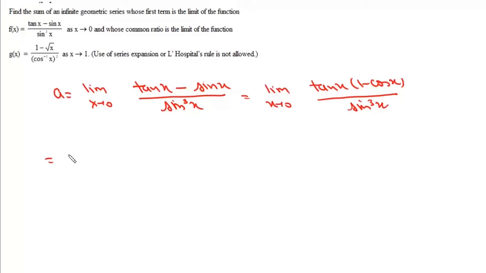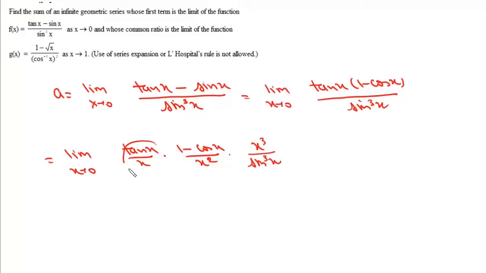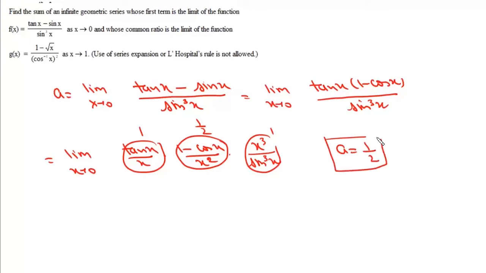Now if we multiply and divide it with x cube, we can write this as limit x tends to 0, tan x upon x, 1 minus cos x upon x square, and then x cube upon sin cube x. Now this is 1, this is 1 by 2, and this is 1. That means the first term of this geometric series is 1 by 2. So value of a is 1 by 2.